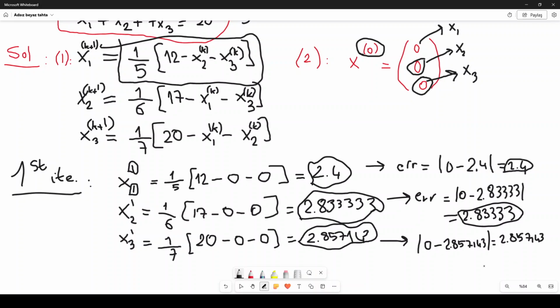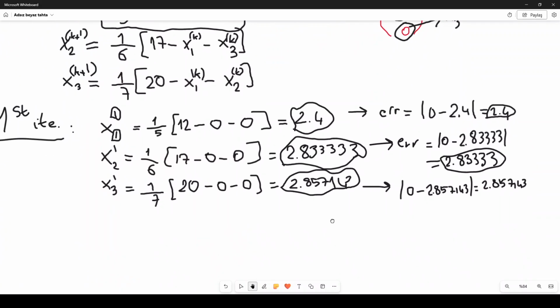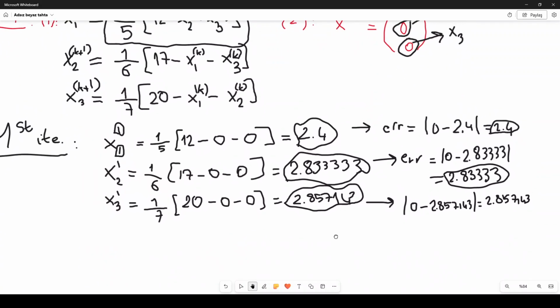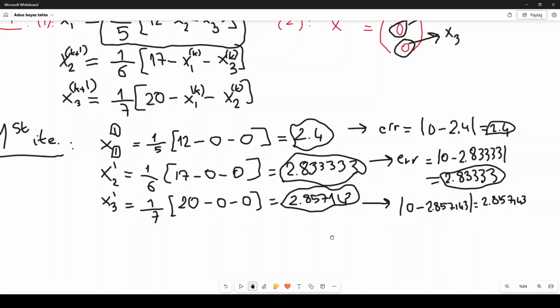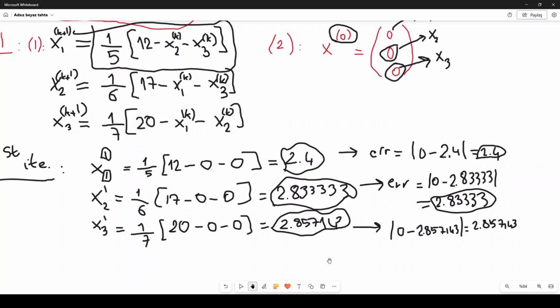These are the error rates that we obtained with respect to each unknown variable based upon the results of the two successive iterations. We take the absolute value of the differences between the older value and the newer value.